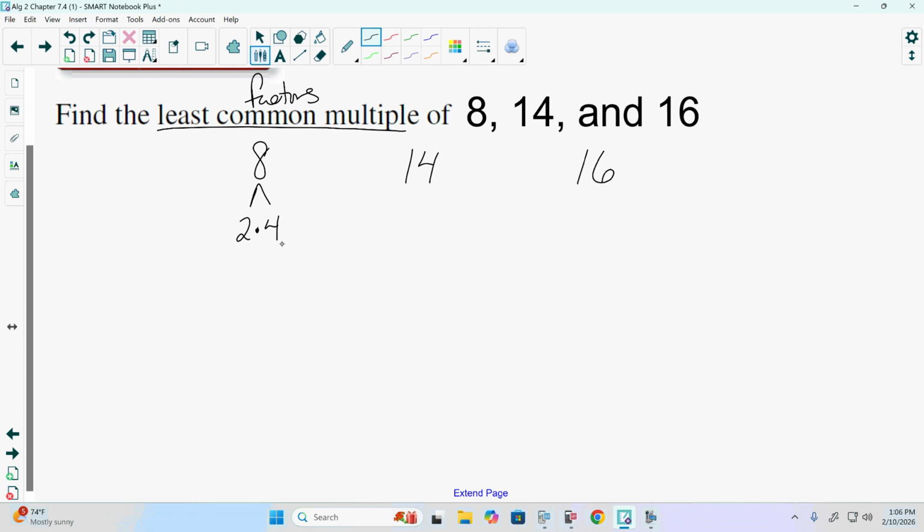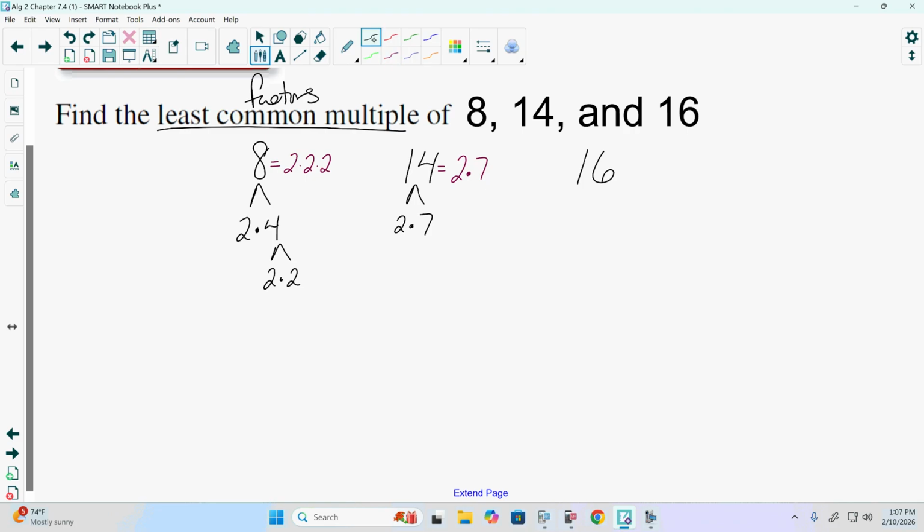What's 4? 4 is 2 times 2, yes? So we can say 8 is 2 times 2 times 2. Let's look at 14. 14 is what? 2 times 7. That's all we have, yes? It's just 2 and 7.